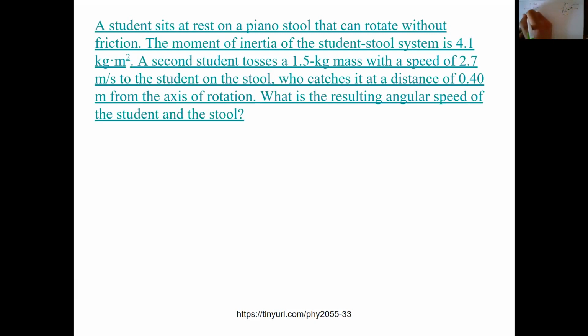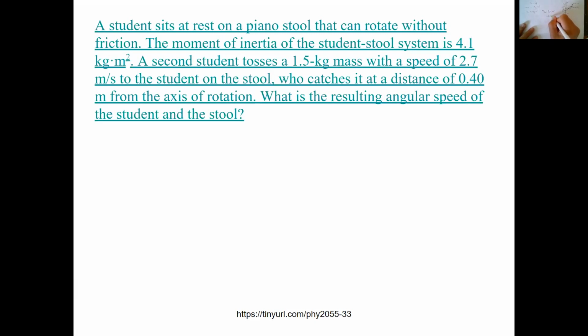The problem tells us the moment of inertia for the student-stool is 4.1 kilogram meter squared. So we add the moment of inertia for the point mass. I of the student-stool with the point mass equals I of the student-stool plus the point mass, which is mr squared.